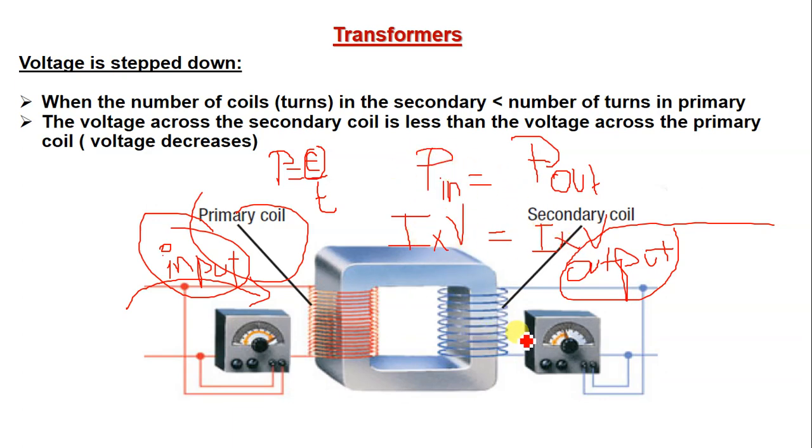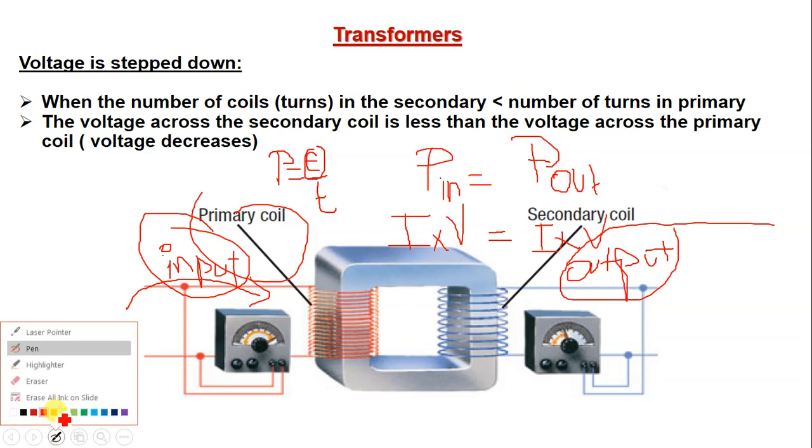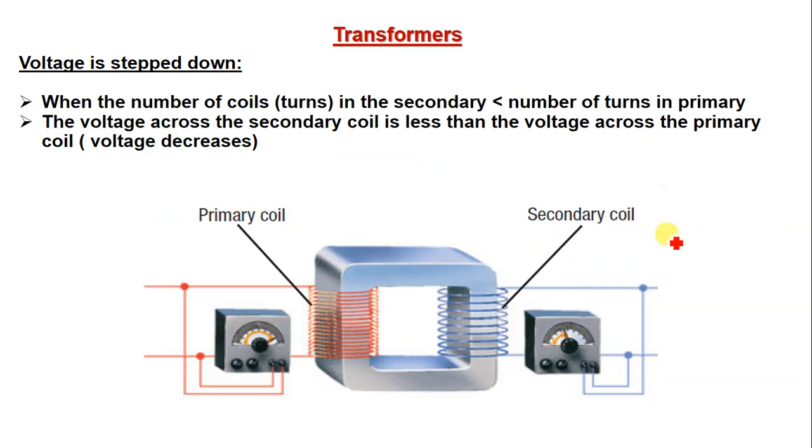Now I said that this type is a step down. Again, input current times voltage is equal to output current times voltage. This is the input and this is the output.